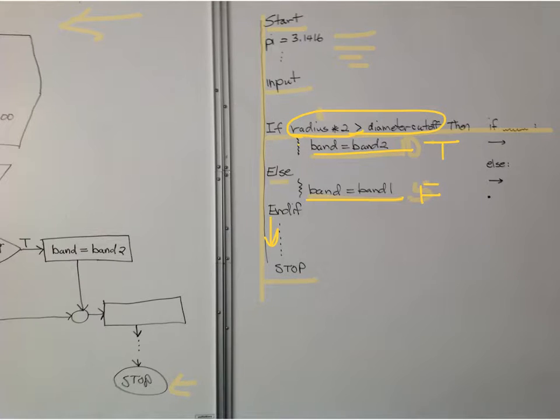If it's false, it does the false part and continues here and skips the true part. This is a little bit how it's coded in Python. You give the conditional, colon, here's the true part, and it must be indented, else, colon, here's the false part, and it must be indented. And then the rest of the code continues there.